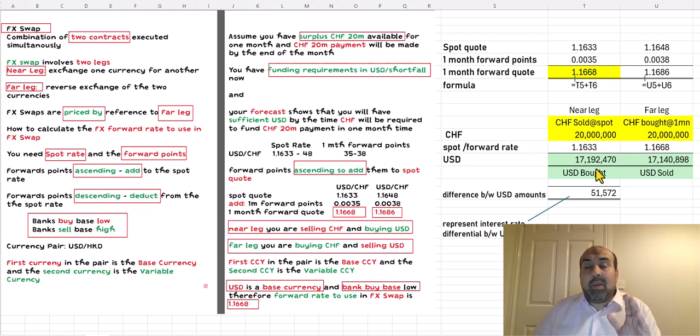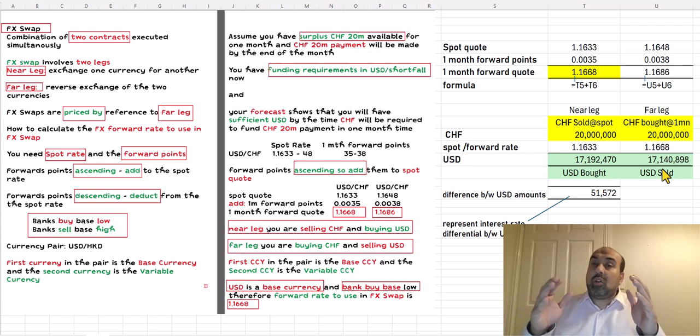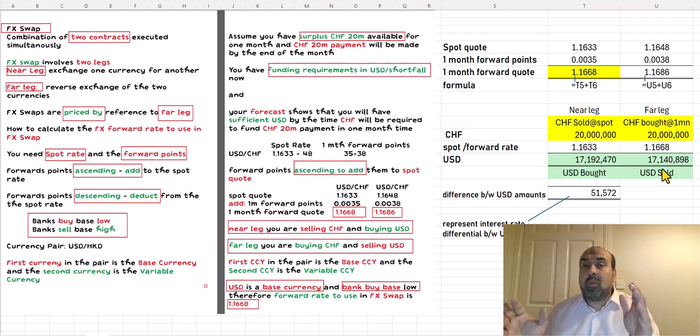In the far leg, we are buying back the CHF and we are selling US dollar. Therefore, 20 million CHF you will divide by the 1 month forward rate, which is 1.1668. When you divide 20 million CHF by 1.1668, you arrive at US dollar 17.14 million. We have sold dollars 17.14 million.